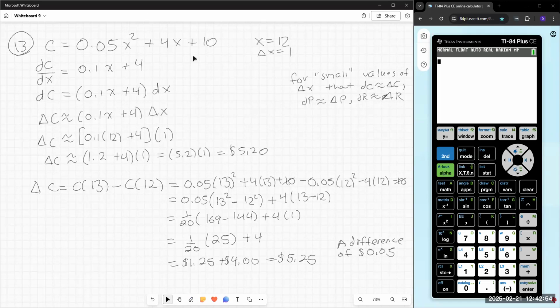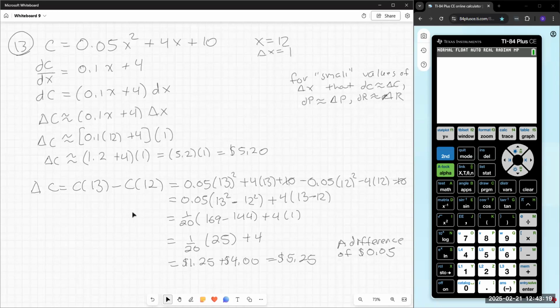So it was a lot easier to calculate something that was first degree than something that was second degree, where I had to find the difference. So much easier calculation for dc than for delta c, which is why we use it for the approximation if we just need a good enough answer and not an exact answer.